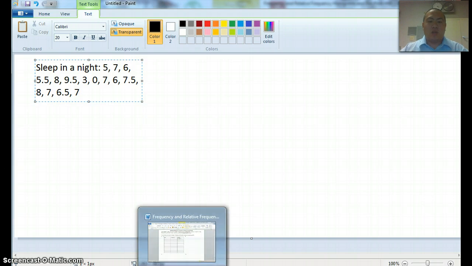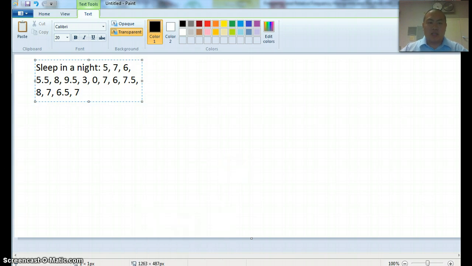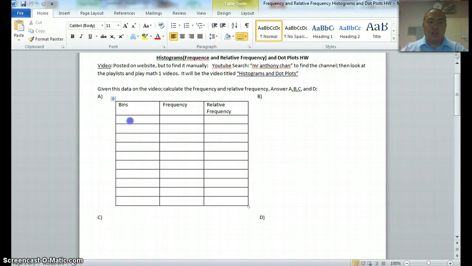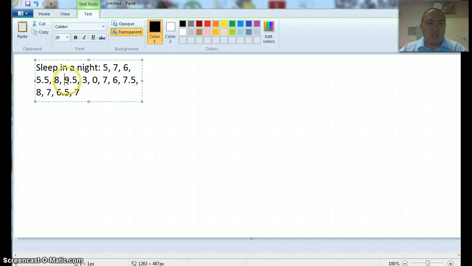The first thing I would want to do is make bins for my histogram. A bin for a histogram is essentially the categories. I like to think of them as little trash cans, and you take each data point and throw it in there because it fits. Our biggest is just under 10 and our smallest is 0.